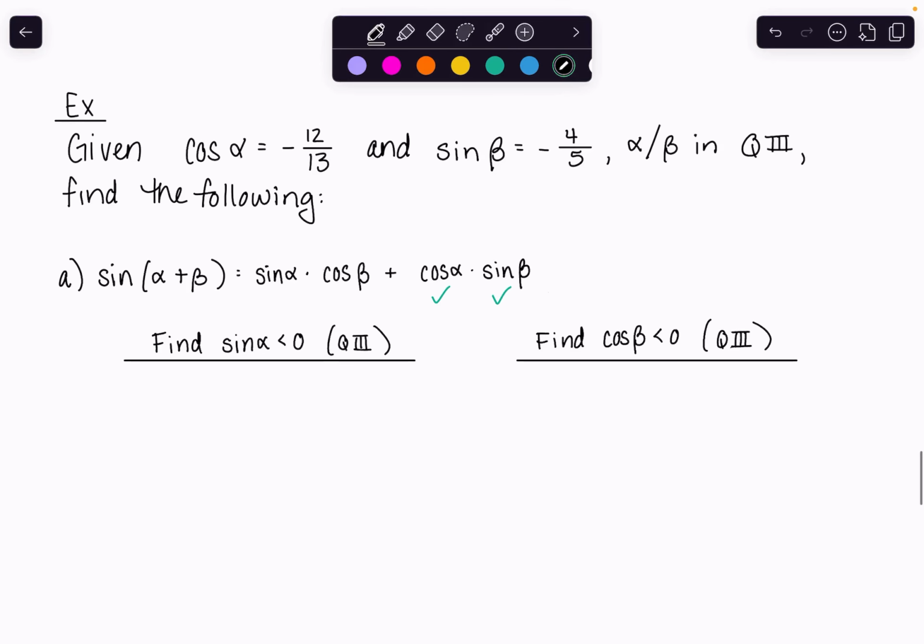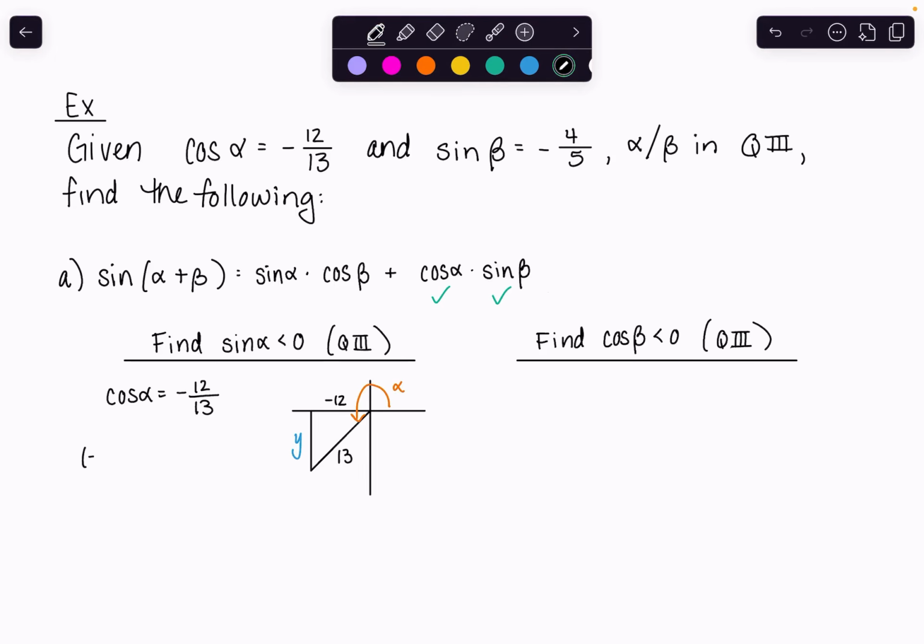So for sine of alpha, I'm told that cosine of alpha is negative 12 over 13, and this is in quadrant 3. So here is my triangle, and alpha would be this full angle here. Cosine is x, so that's negative 12 over my hypotenuse, which is 13. So I need to figure out what y is equal to.